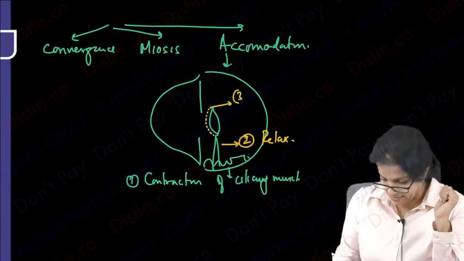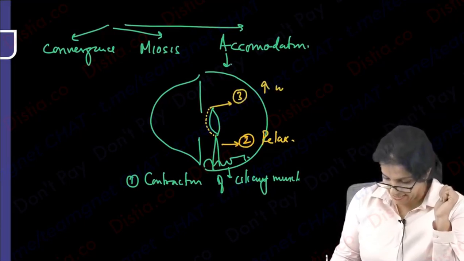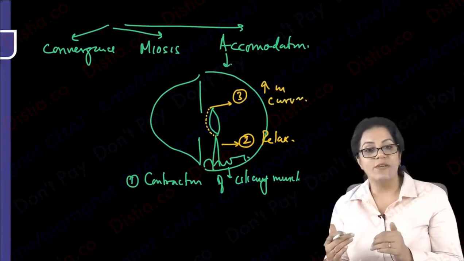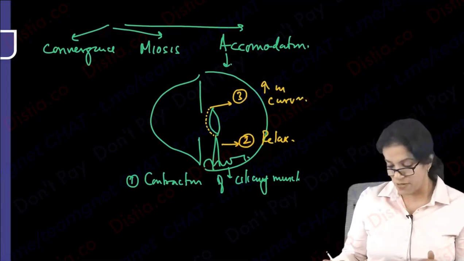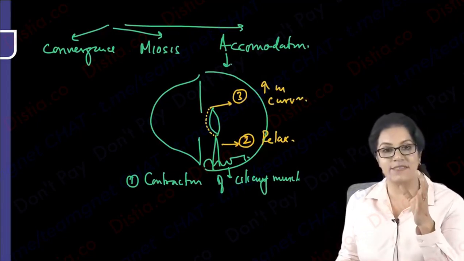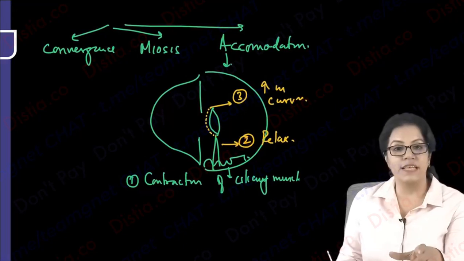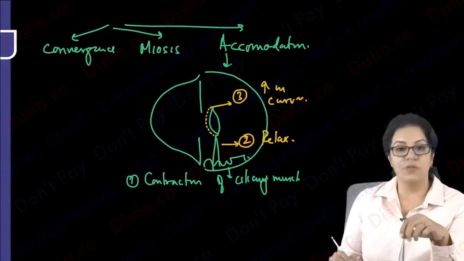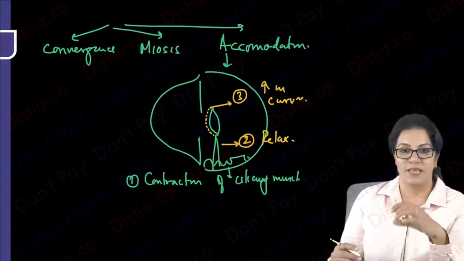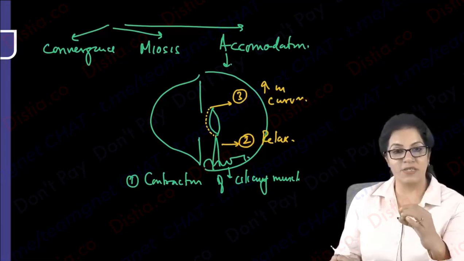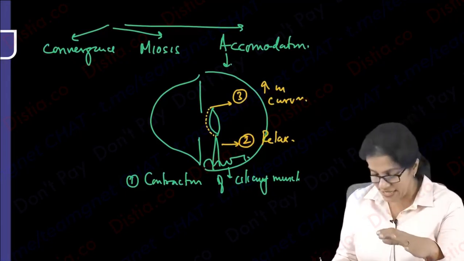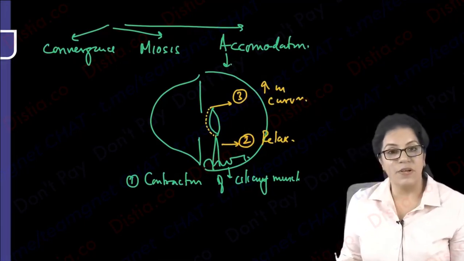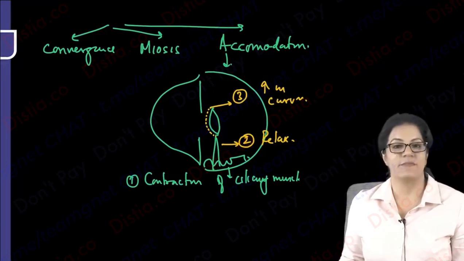This is called accommodation. Have we not learned this? More the curvature, more the refractive power. So an increase in the curvature of the lens will lead to an increase in the refractive power. This is 1, 2, 3: contraction of ciliary muscle, relaxation of zonules and more curvature of the lens. This is what leads to accommodation.